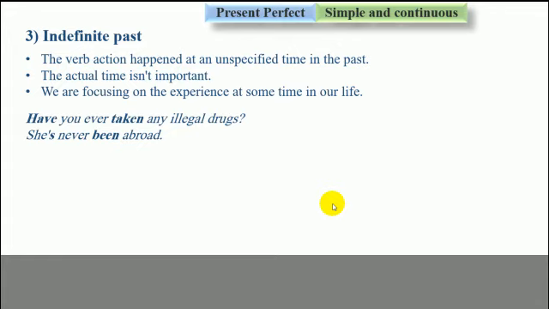Another example, she has never been abroad. I don't need to know the time, because she has never been abroad. She didn't travel before.